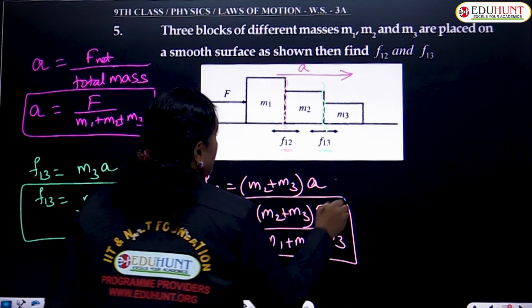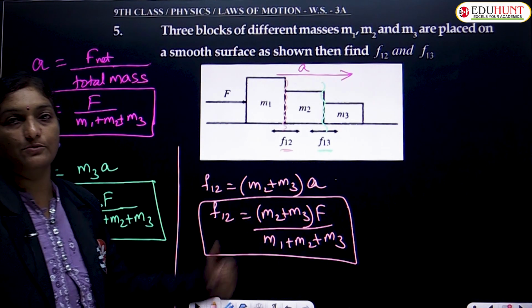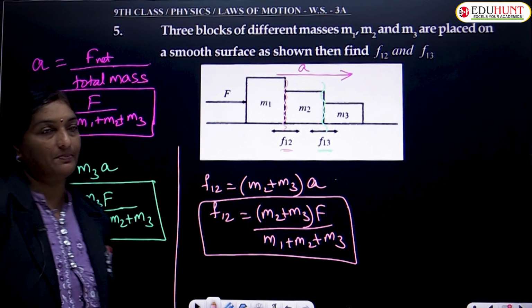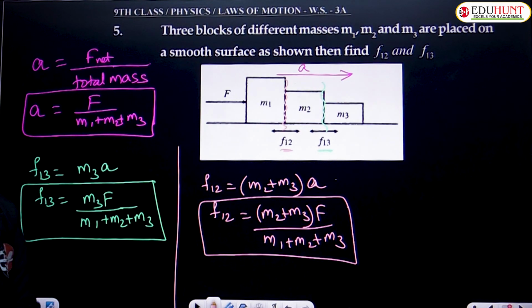Hence F12 is M2 plus M3 times F by M1 plus M2 plus M3, whereas F13 is M3 F by M1 plus M2 plus M3. That's it. Shall we move to the next question?